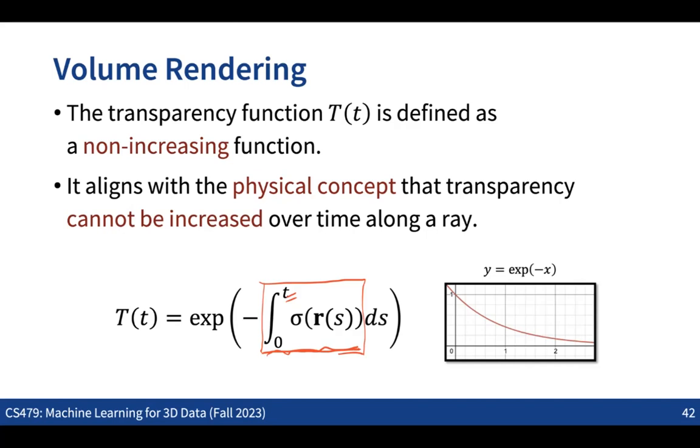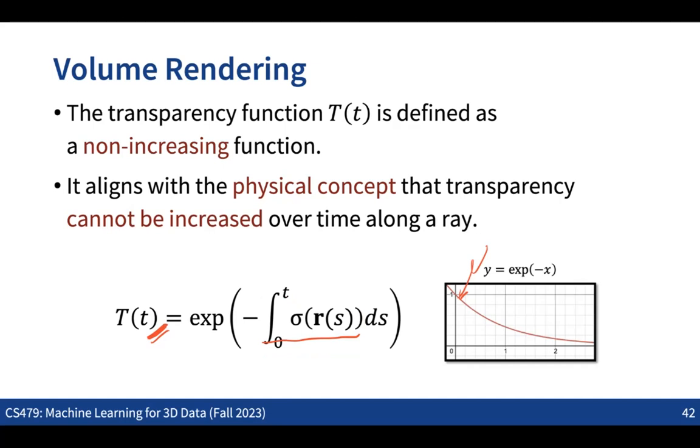And if we take the exponential of the minus of this term, then we're going to see a non-increasing function as the transparency, which makes sense, right? As you go further along the ray, the probability of how likely the ray will not stop until that point should not be increasing.